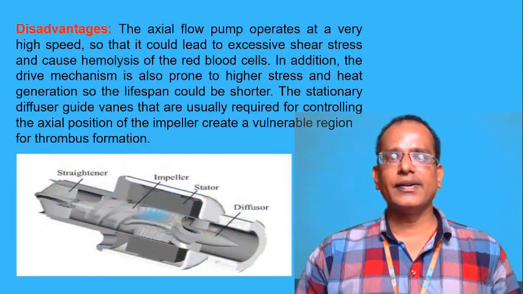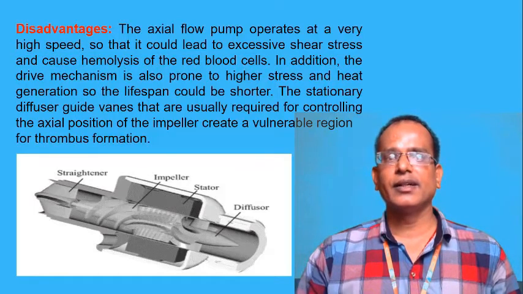The disadvantage of the axial flow pump is that it operates at a very high speed, so it could lead to excessive shear stress and cause hemolysis of red blood cells. In addition, the drive mechanism is prone to higher stress and heat can be generated, so the lifespan could be shorter.